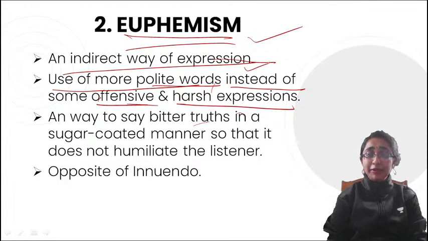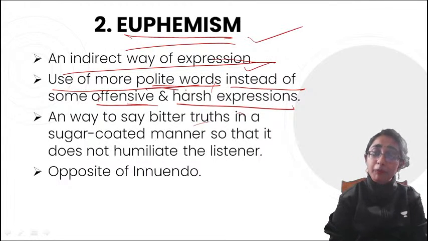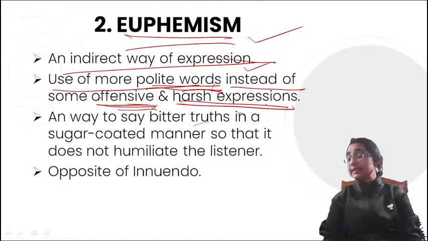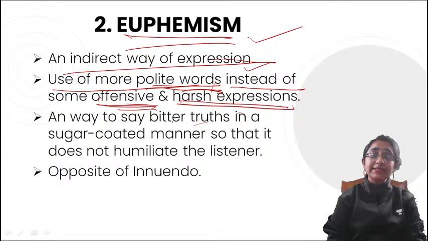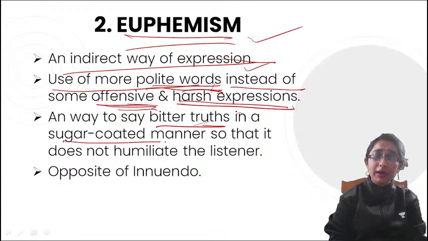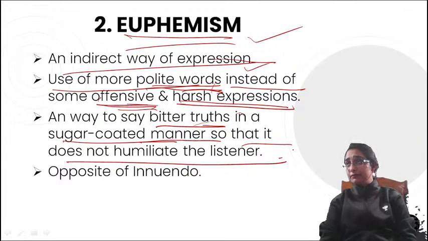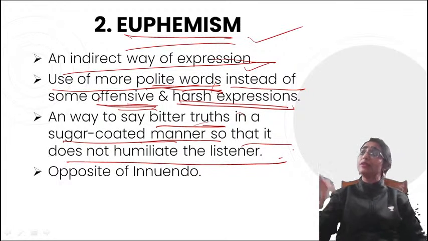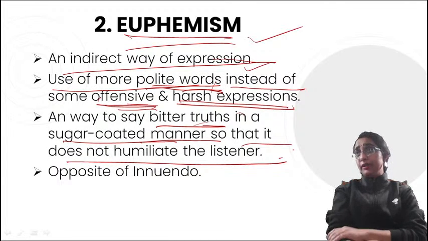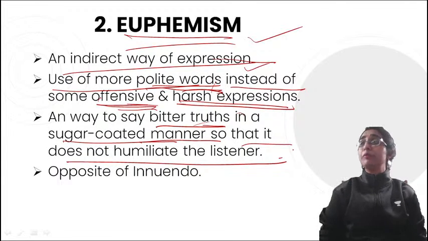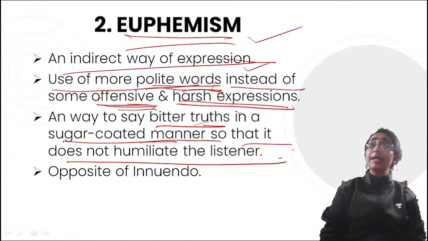So what is euphemism? In euphemism, we use more polite words instead of offensive or harsh expressions, which means to say some bitter truths in a very sugar-coated manner so that it does not humiliate the listener. In innuendo, the purpose is to hurt somebody, to malign someone's reputation, to dishearten someone for a negative purpose.